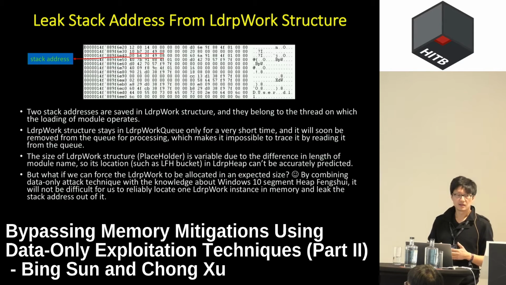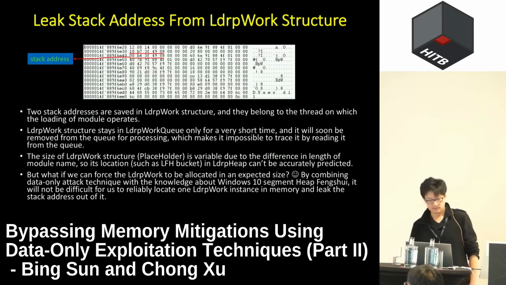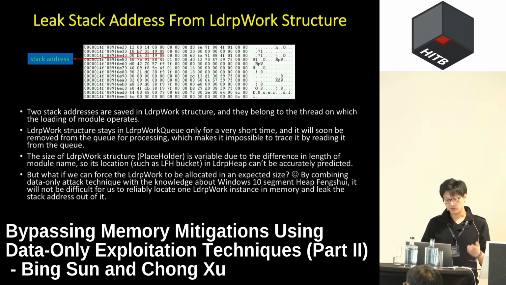Eventually, after some in-depth research, I figured out a way to accurately locate such a LdrpWork structure in memory and leak the stack address out of it. And knowing the address of a stack, we will be able to easily bypass the CFG by corrupting a return address on it.